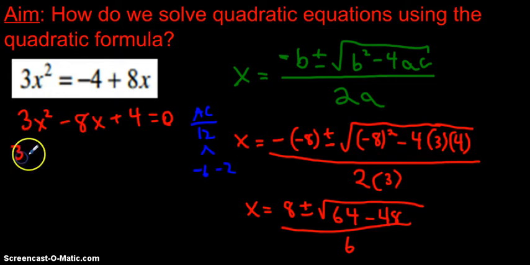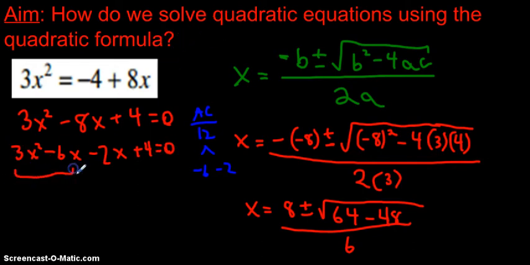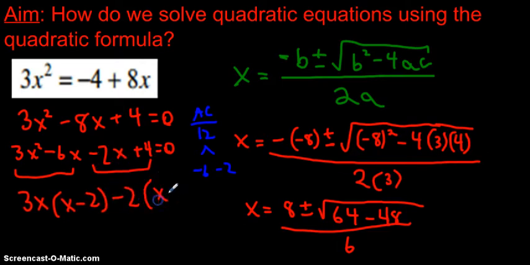So that's 3x squared minus 6x minus 2x plus 4 equals 0. Alright, so we're factoring by grouping. The GCF of the first two terms and the second two terms is what we'll do. So that's going to be 3x, leaving over x minus 2. The GCF here is -2, leaving over x minus 2 equals 0.